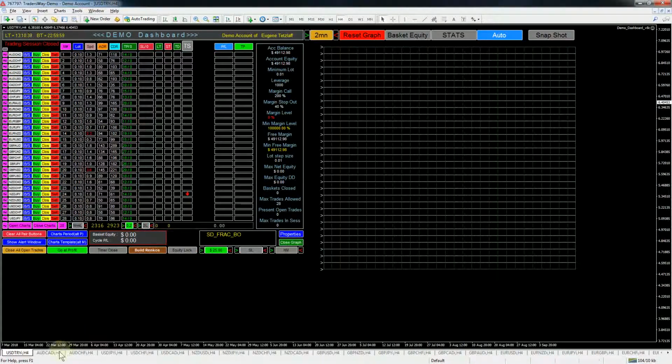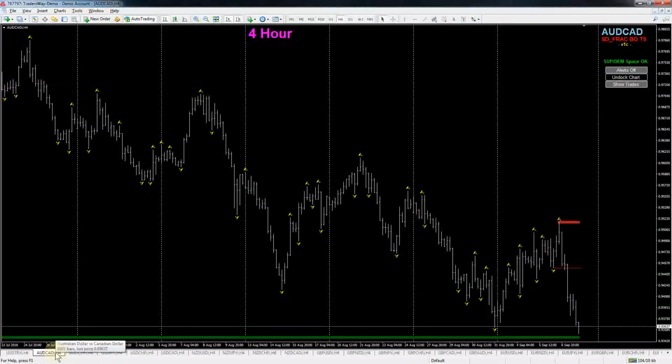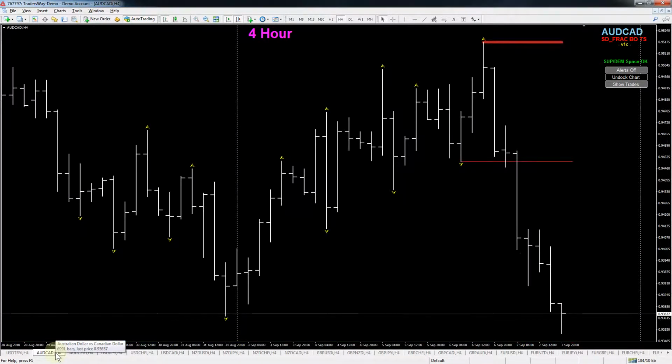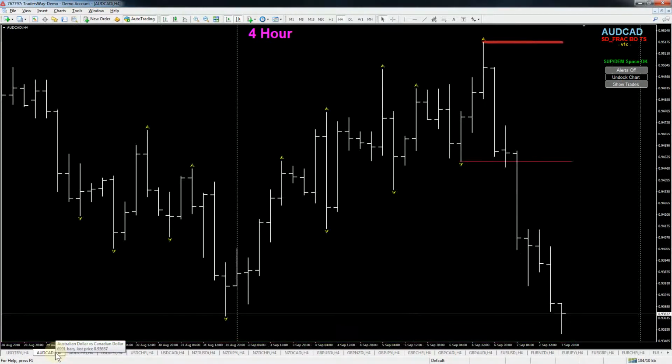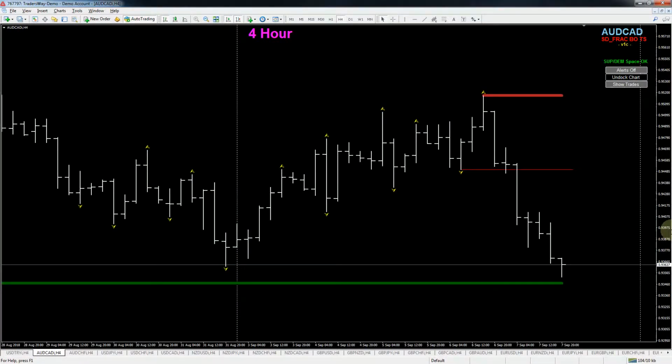Let's go to one of the charts and show you what we're trying to do. If I can find one here. Okay, this would have been a trade. It's a 4-hour chart, and we are using the fractal breakout lines.